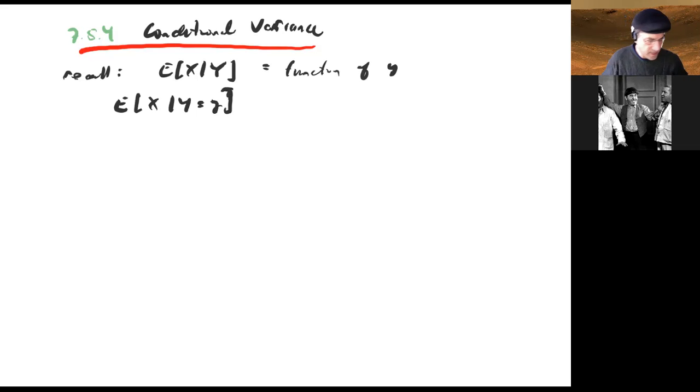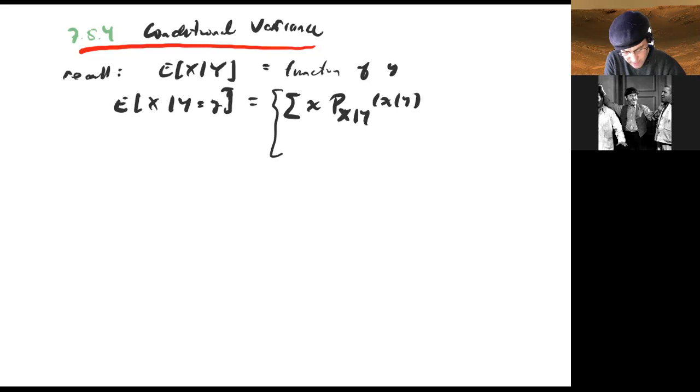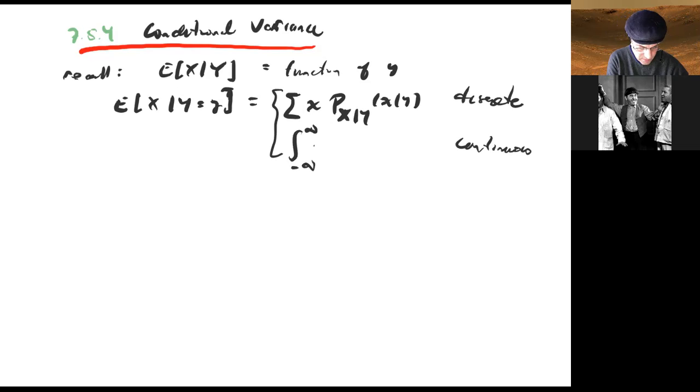That's a well-defined thing, and we defined it, in the discrete case, as the sum of x times the conditional probability mass function. In the continuous case, it's the integral from minus infinity to infinity of x times the conditional density, dx.